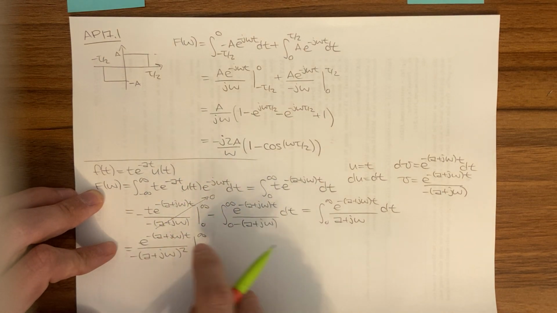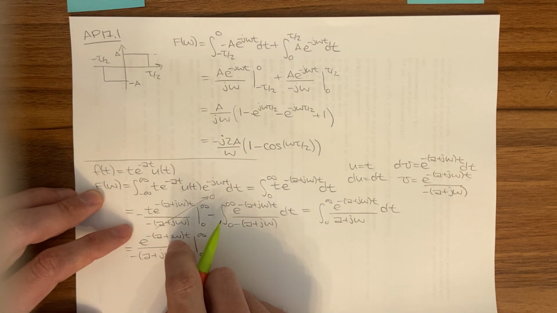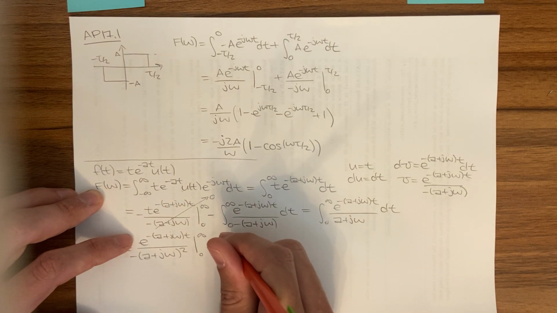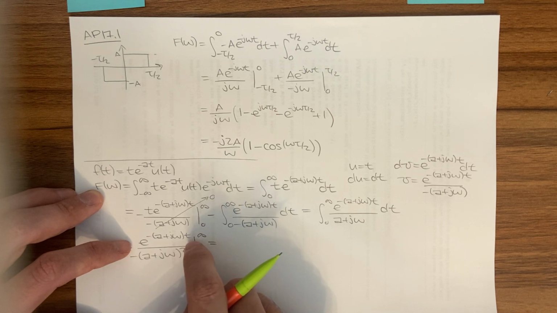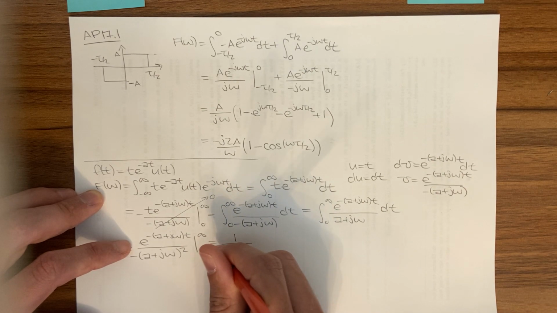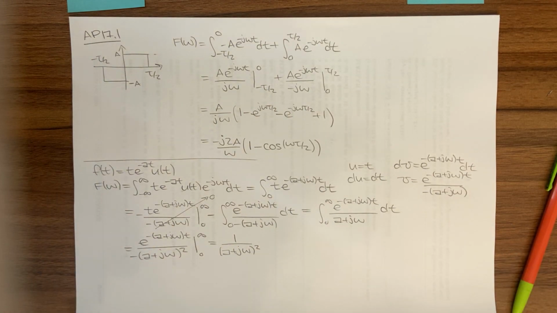Oh, we had to bring the negative down again. We evaluate at infinity, that top term goes to 0, and so we end up with just evaluating at 0, and that goes to 1. So we end up with 1 over (a plus j omega) squared. Cool. Okay, that's not too bad.